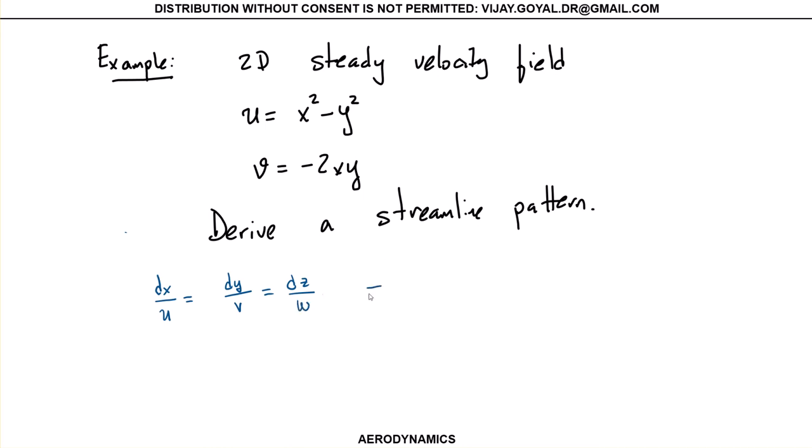And then from here, if you look at the equations that we have, this gives you dx over x squared minus y squared, and this has to equal dy over minus 2xy. And this will be dz, and since we don't have a w, that will be 0.